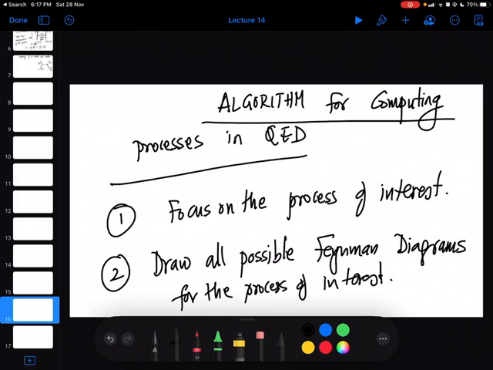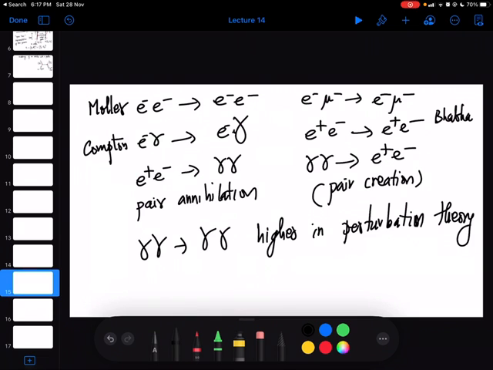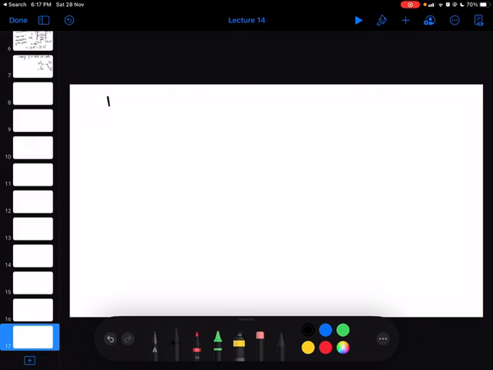Let's consider, for example, the first step is to consider a process. Let's take Møller scattering.